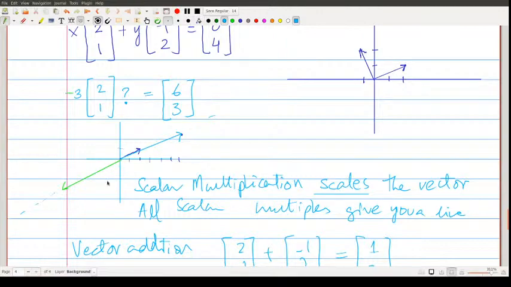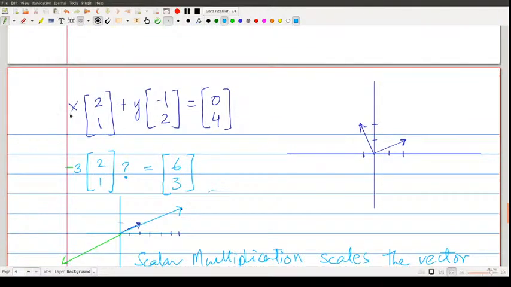And now the big question: how does this relate to this picture here? Let's read this equation in terms of scalar multiplication and vector addition. This vector is being scaled by x, and this vector is being scaled by y, and then we're adding them together, right?